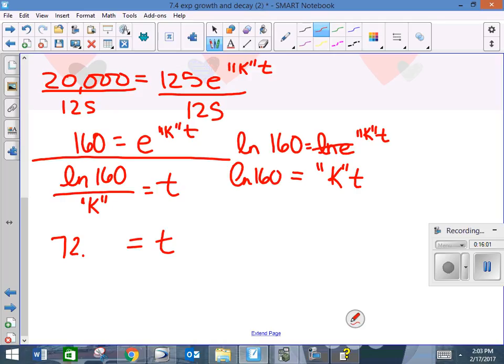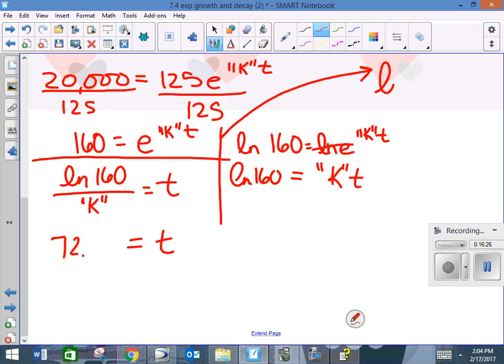I would just rewrite it like that. Did anybody write this in terms of ln from the e instead of taking the ln on both sides? No. Okay, what do you think about it?